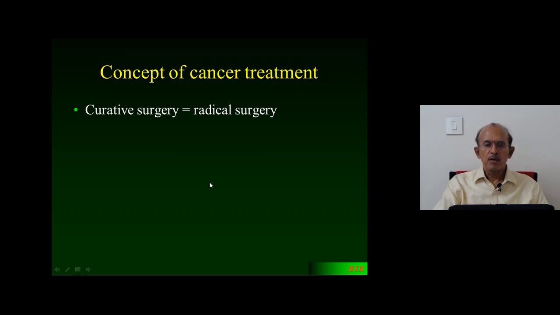That means we remove the whole tumor, not only in the organ, but the organ with its draining lymphatic field, so that even microscopic spread of tumor cells into the lymphatics and lymph nodes will be extirpated. By that we can expect a cure for the patient. That is why this is called curative surgery.